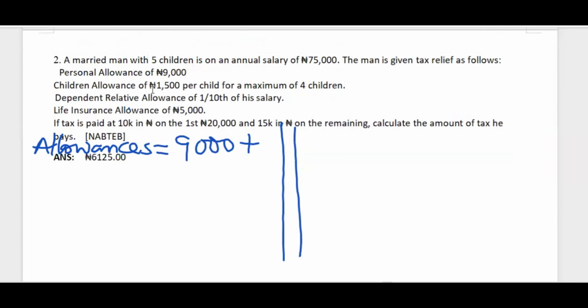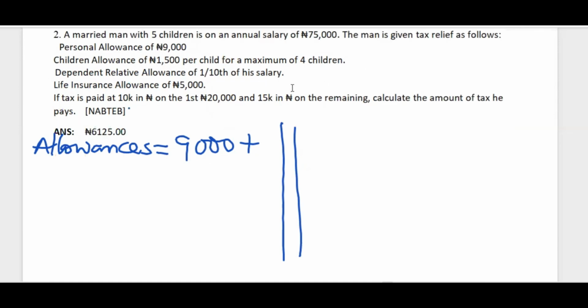Each child is entitled to 1,500. Unfortunately, the government is only giving a maximum of 4. If you get 20 children, it's only 4 of them that the government will give. The rest of them are left to you. So the man will get 1,500 in 4 places.